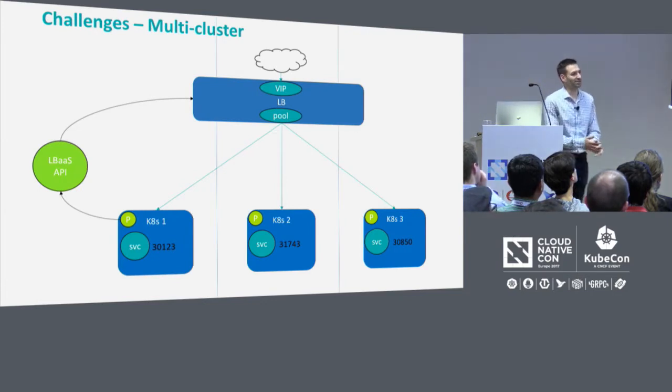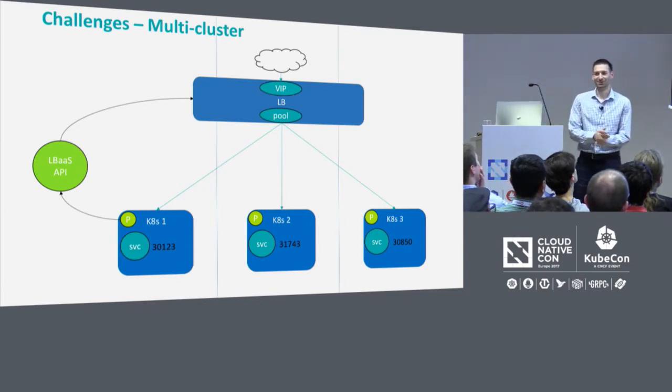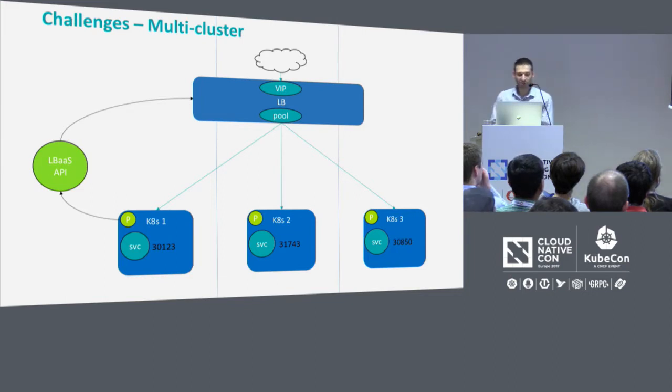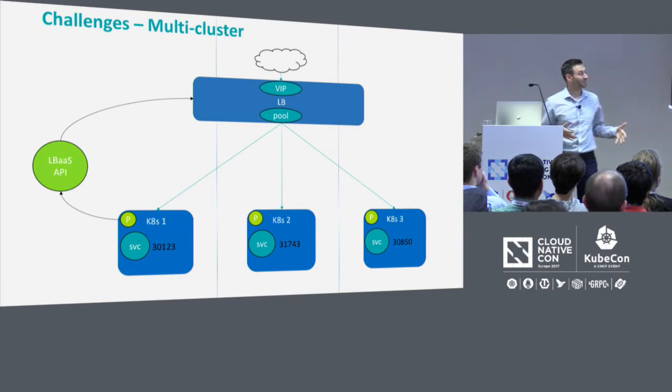OK, but what are some of the challenges we ran into with this design? Because clearly, it wasn't our design of choice if we wanted to move away from external load balancing. Well, one challenge is that the plugin has to be pretty smart because it's manipulating a single pool that has nodes in it from many clusters.